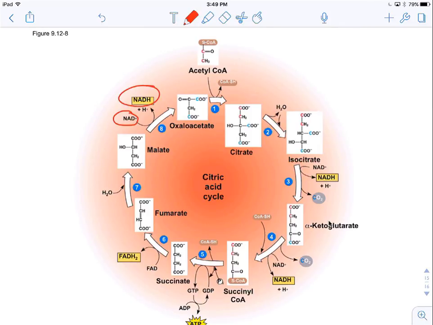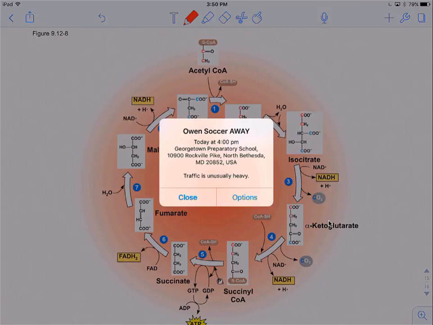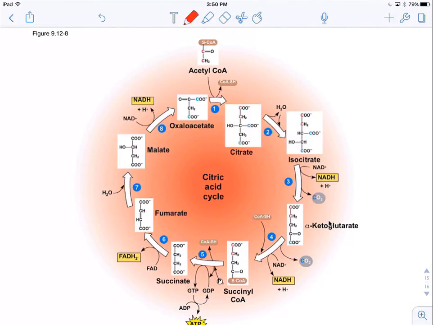Okay, so now there's the entire cycle down there in front of you, and I'm going to go around and count up. And again, you don't need to memorize all of these intermediates or the enzymes.